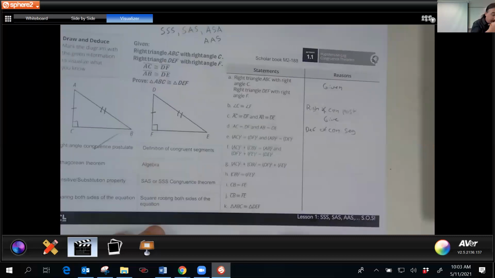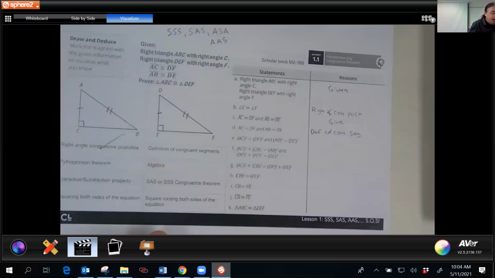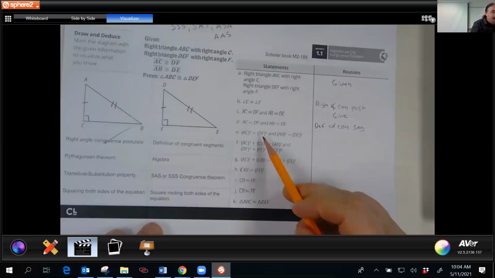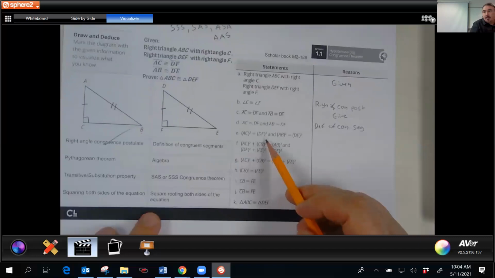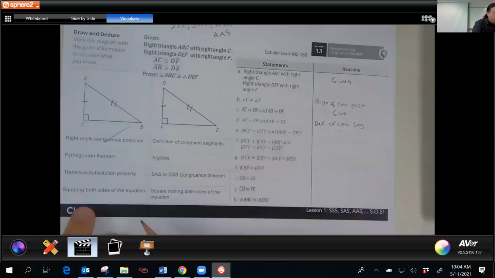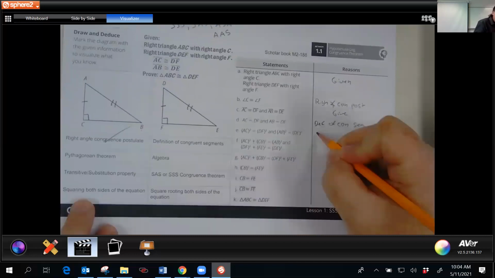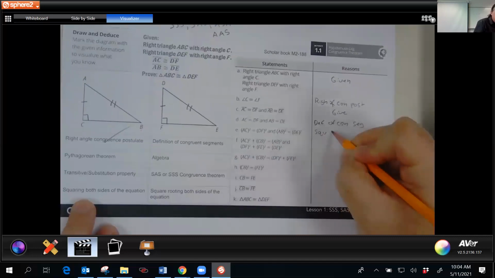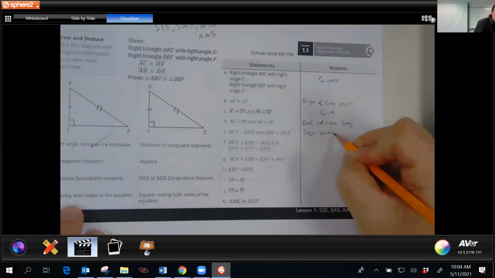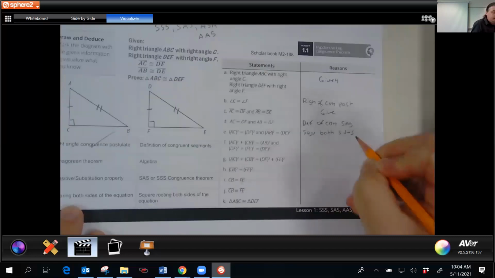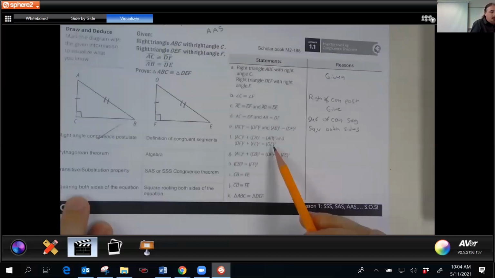My O's look like U's. I know. What happened here with E? What did they do? It looks like they squared both sides. So squaring both sides. What's changed here?